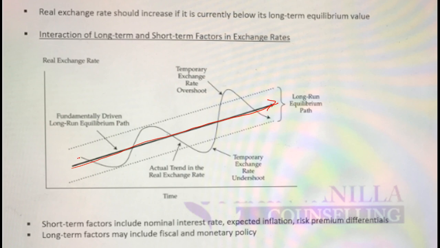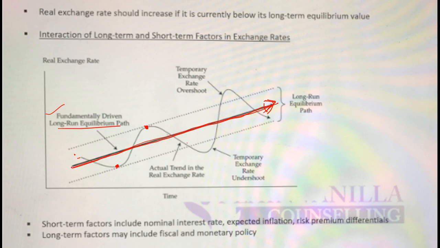If the currency rate is currently below that path, it will appreciate, and if it is above that path, it will depreciate. So there is a linear line that is the fundamentally driven long run equilibrium path for the exchange rate. If the current exchange rate is above this, it will fall, and if it is below this, it will increase. This is another tool you can use to forecast short term exchange rate movement based on economic fundamentals.